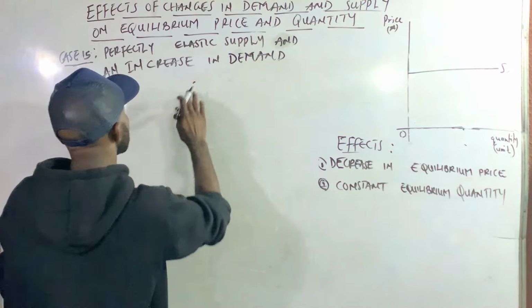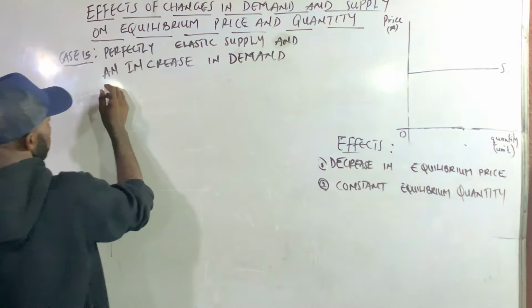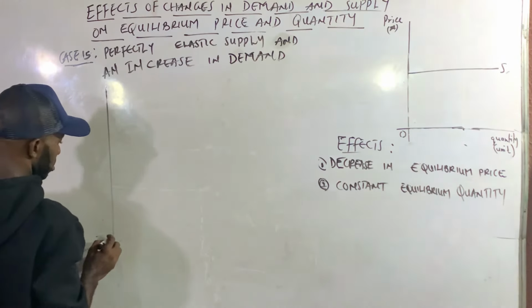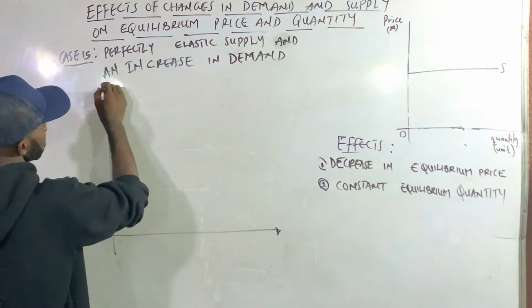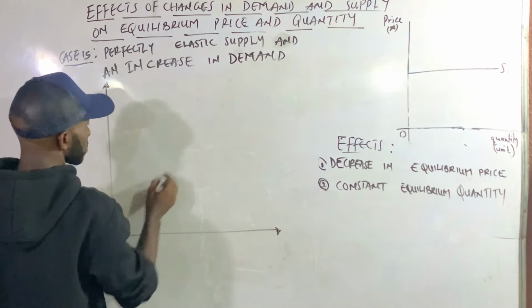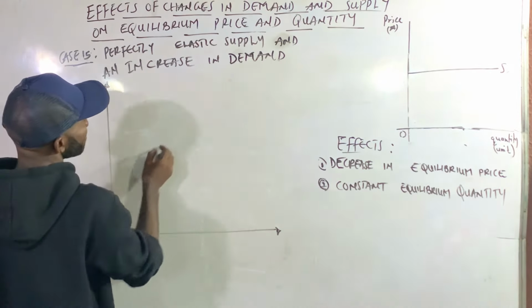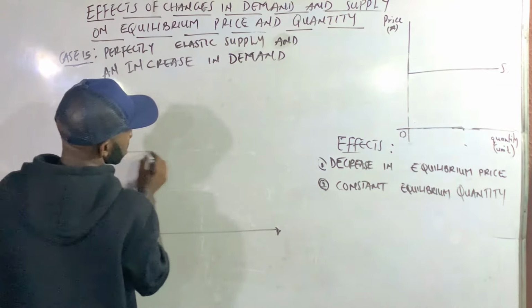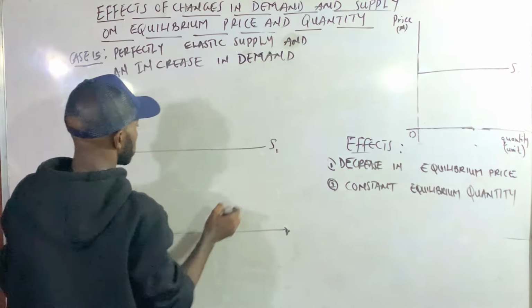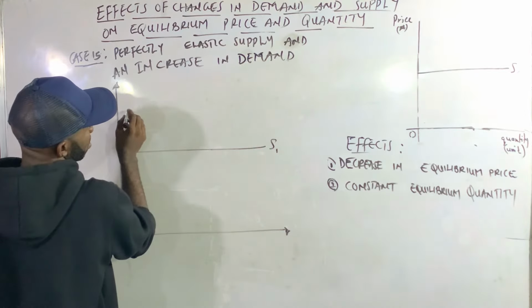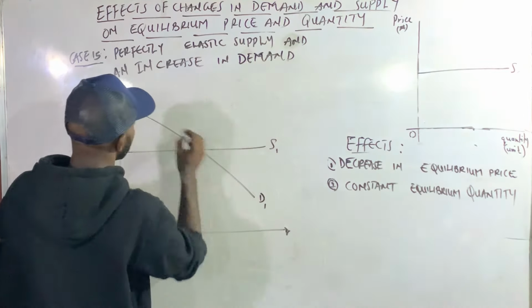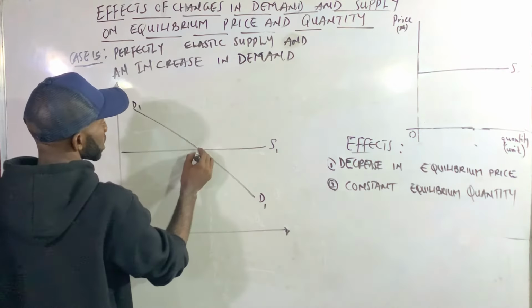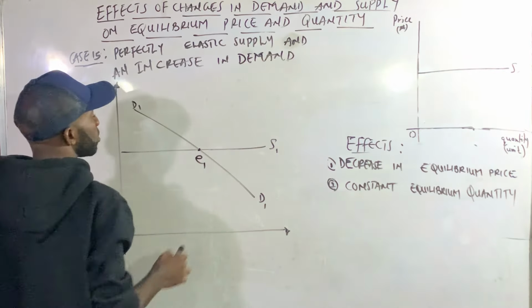An increase in demand. We have this and we have that. So we can take perfectly elastic supply, which is this, and then we have the demand curve D1, that gives us the first equilibrium point.